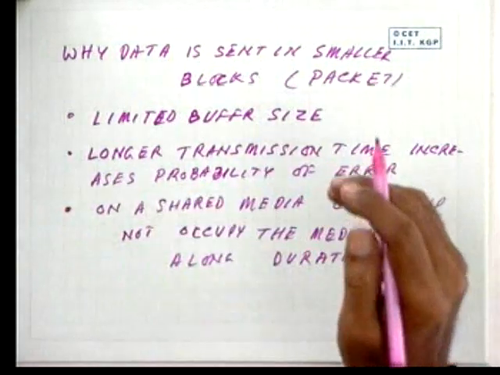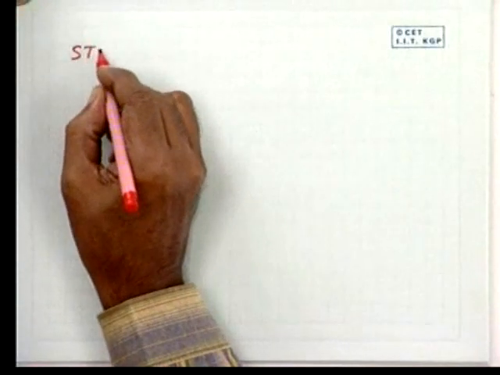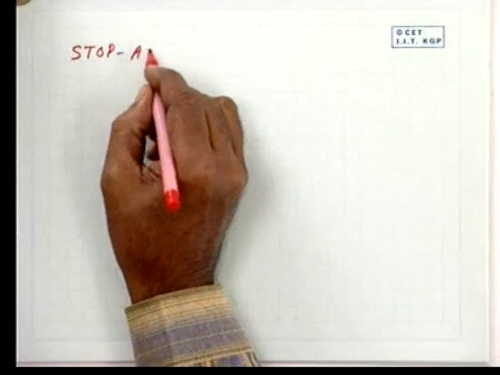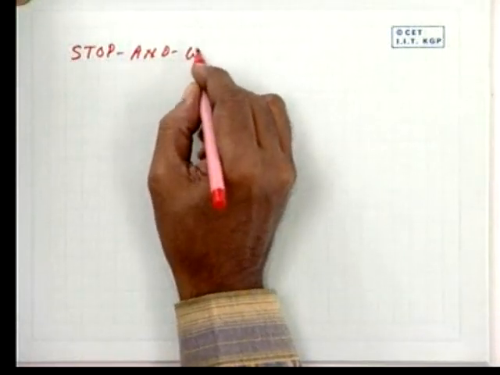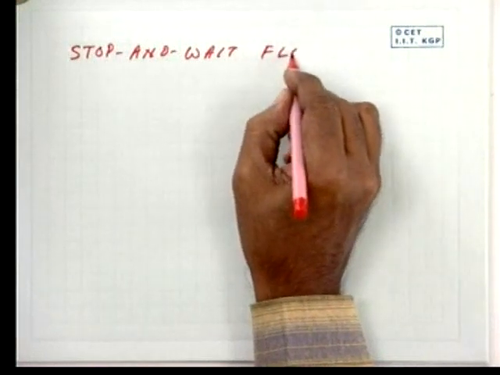So these are some of the reasons why frames are sent in small sizes, and we have already seen packet switching is popular. Now, with this background, let us consider the flow control techniques. We shall first consider the stop and wait flow control technique.